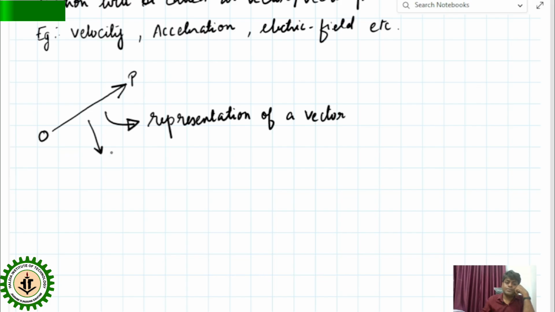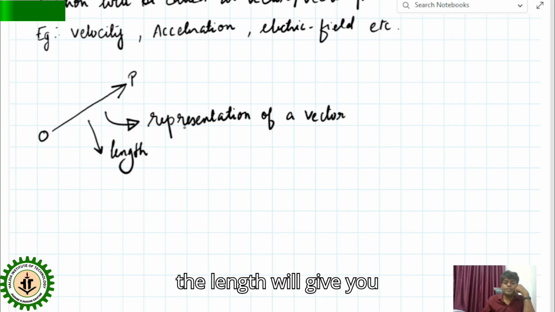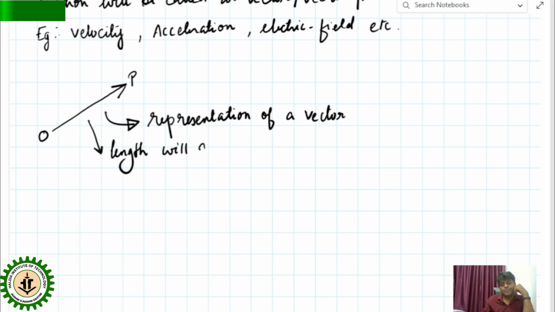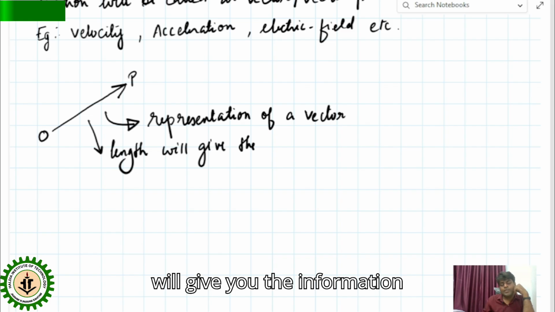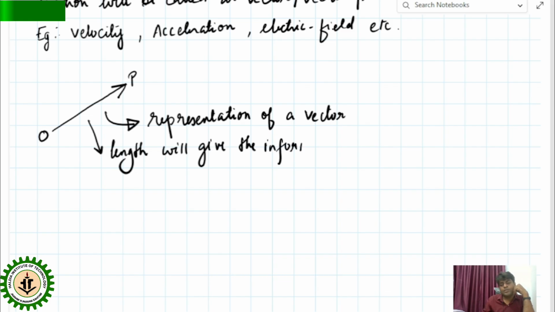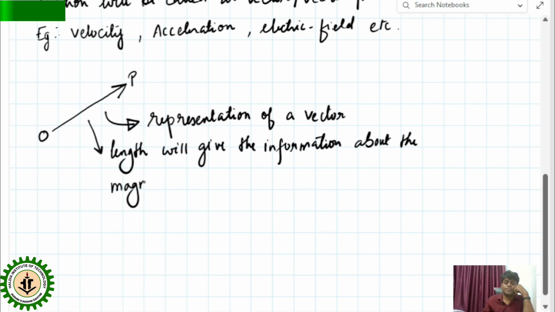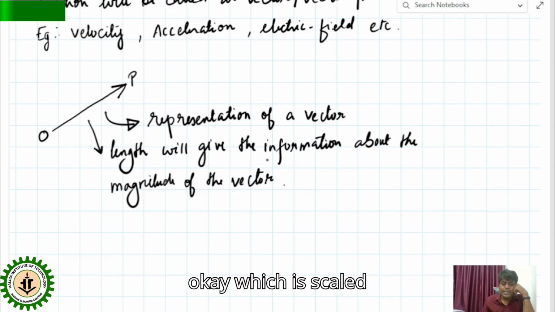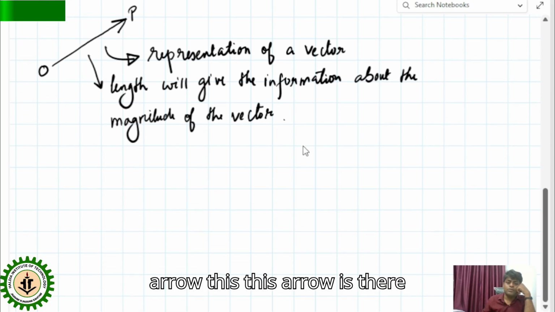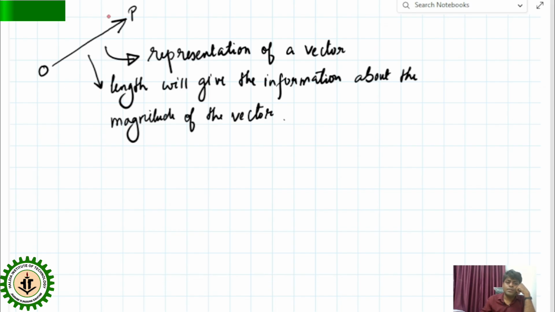Here the length will give you the information about the magnitude of the vector, which is scaled accordingly, and this arrow will give you the direction.